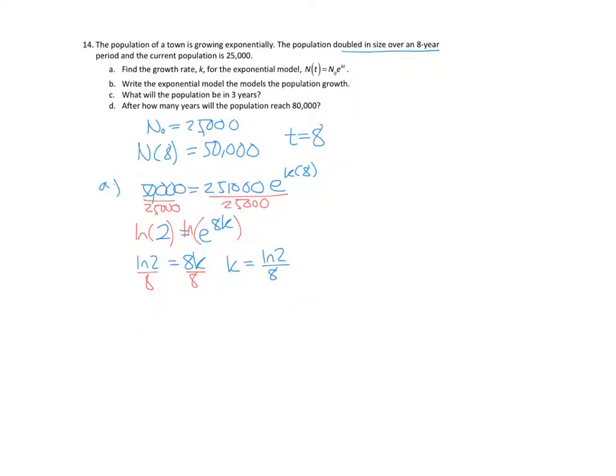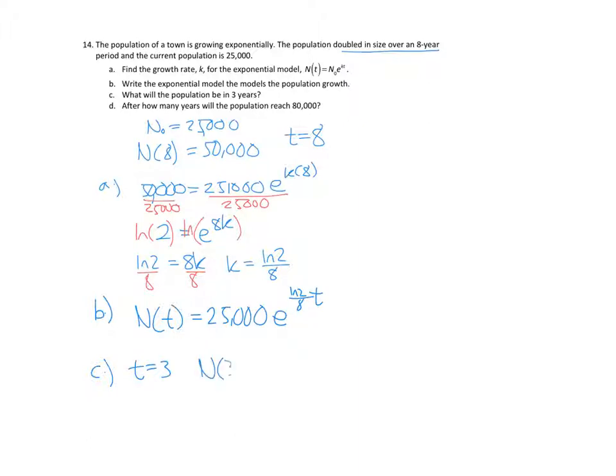In part B, we want to write the exponential model that models this population growth. So it's going to be N of t equals the initial population, which is the current population of 25,000, e to the, and now that we know k, we're going to leave it in its exact form, ln of 2 over 8 times t. And that is our exponential model. Now in part C, what will the population be in 3 years? We just want to plug in 3 for t.